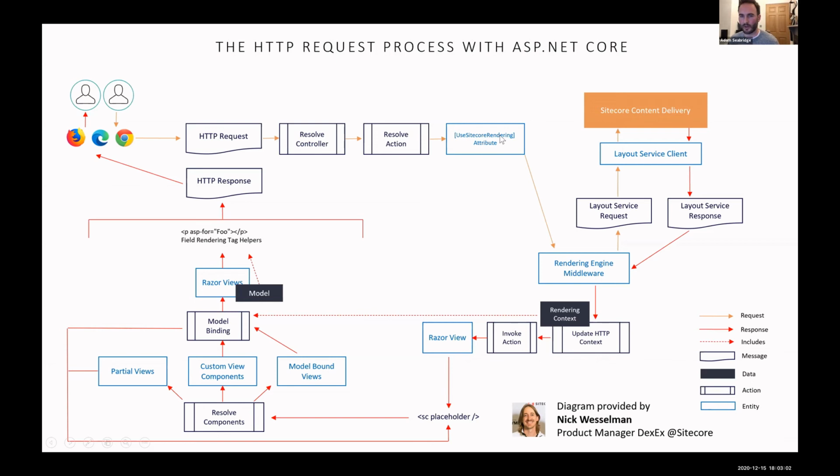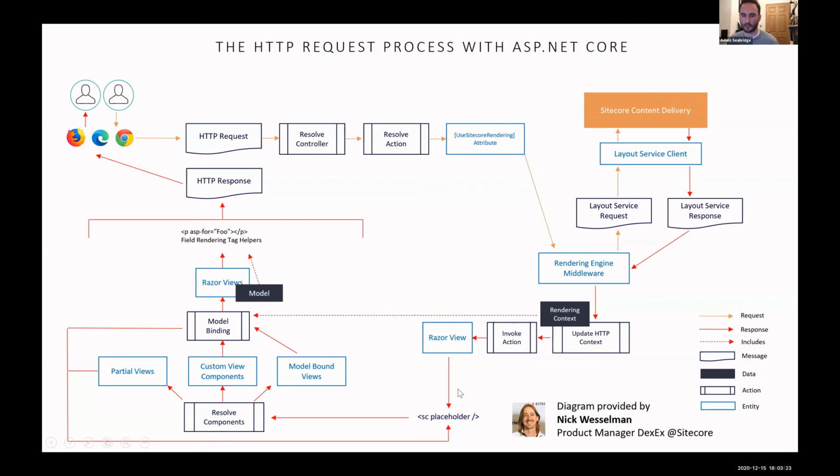So it's done this kind of layout service request, got the response, and then pushed it back into the context before the action's invoked. Then the action gets invoked, and at that point it's got everything from the layout service. Then when it gets to rendering the view, the model's got all the data because that's all come back.